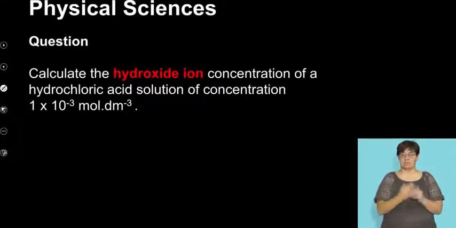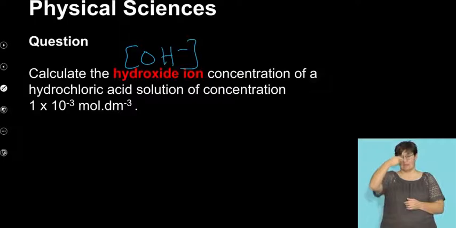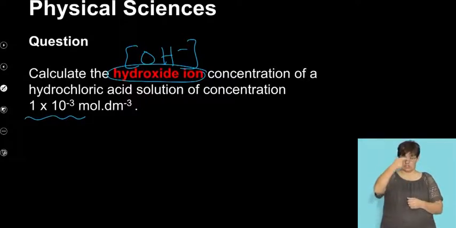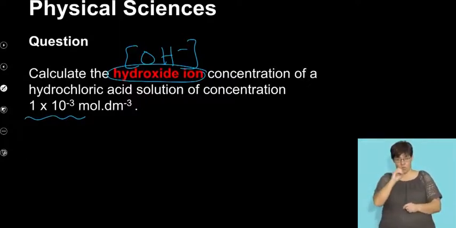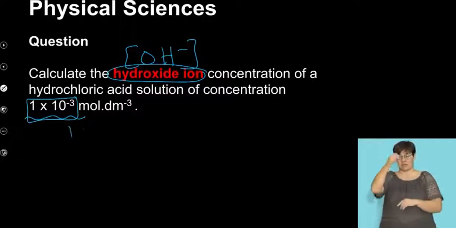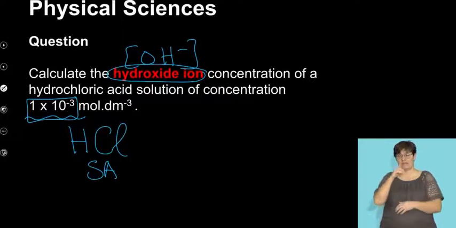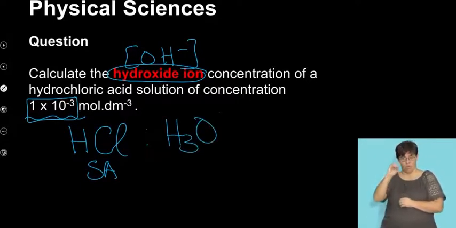First question there: calculate the hydroxide ion concentration of a hydrochloric acid solution. Now we know that for all solutions, we have hydronium ions as well as hydroxide ions in solution. But what we say now is calculate the hydroxide ion concentration if the hydrochloric acid solution has a concentration of that. Now hydrochloric acid is a strong acid, which means it will completely ionize and form hydronium ions in that concentration.